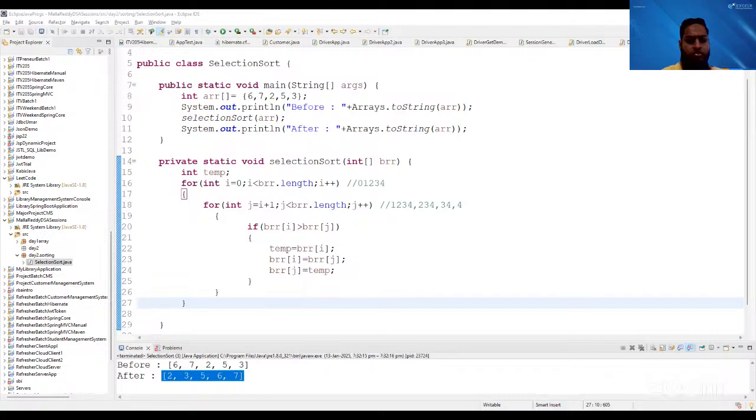Where is our day 2? Those who wish to see the code can see it from this repository. Let me reshare the repository link with you all.